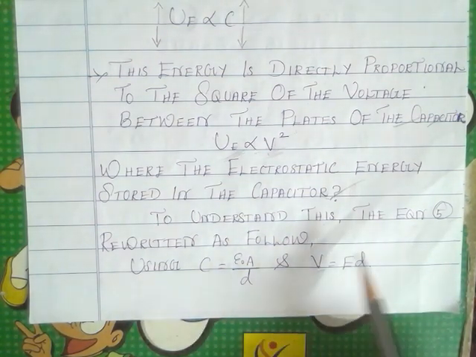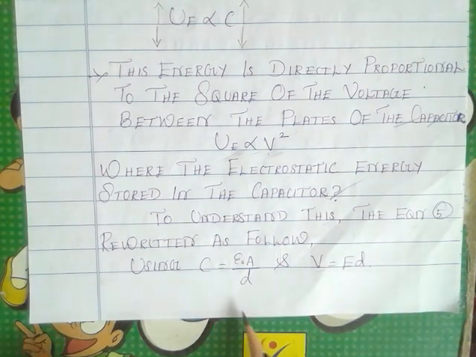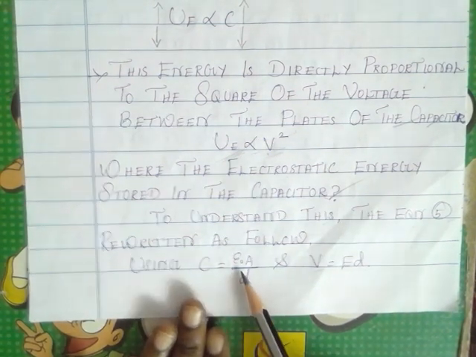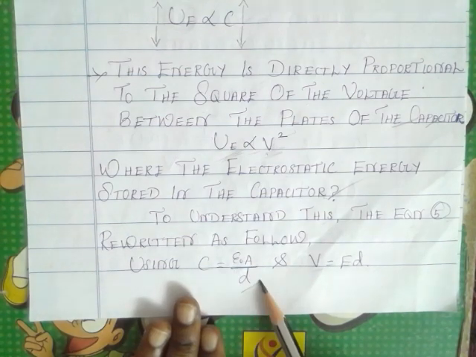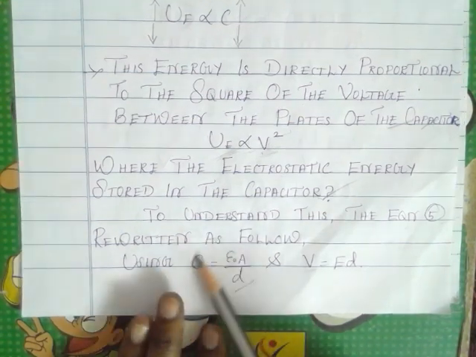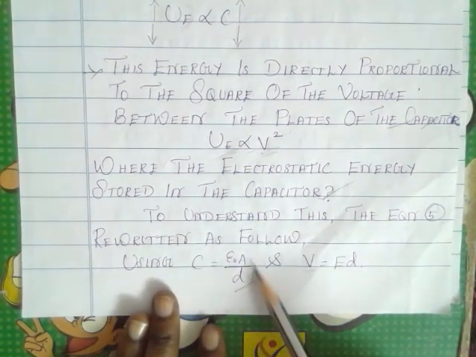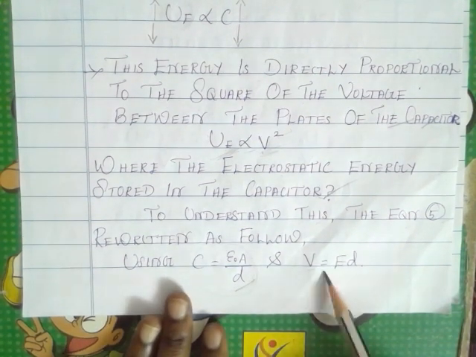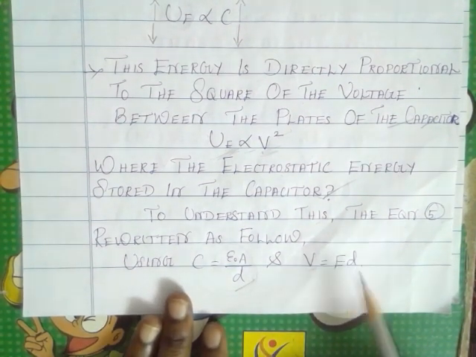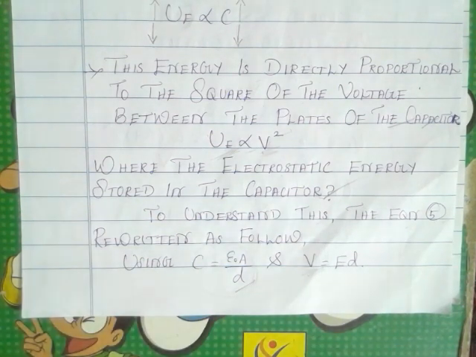To understand where the electrostatic energy is stored in the capacitor, equation 5 is rewritten as follows. Using C is equal to epsilon naught A divided by D, the expression for the capacitance of the parallel plate capacitor, and V is equal to E into D, the potential difference between the two plates of the capacitor.